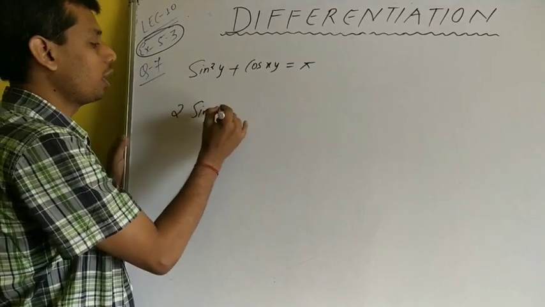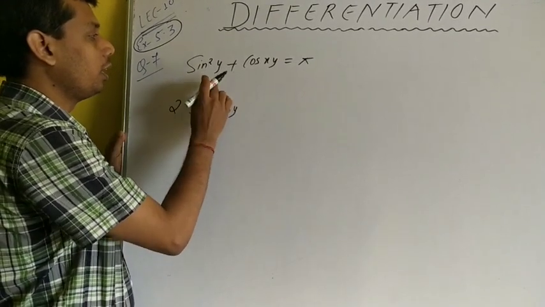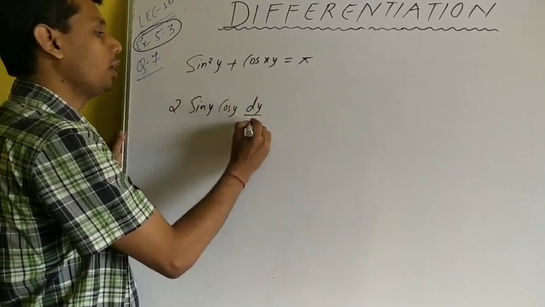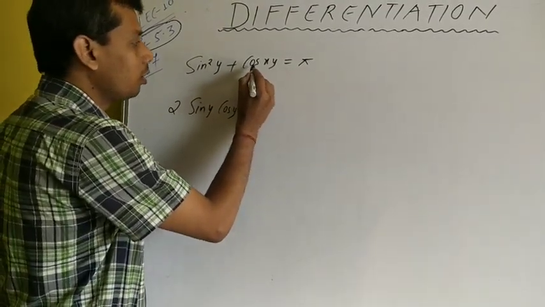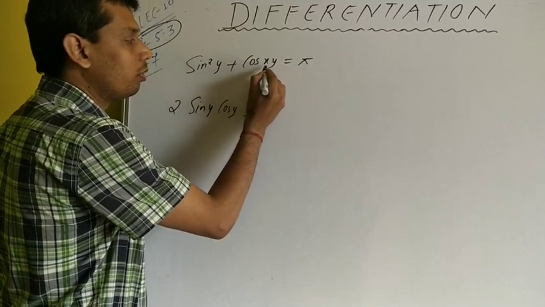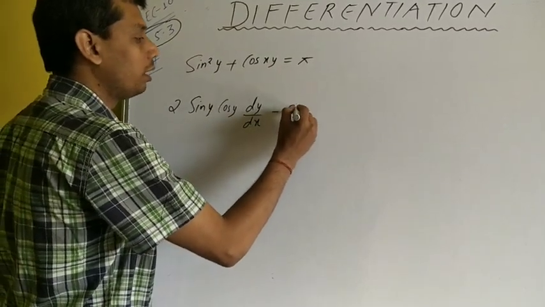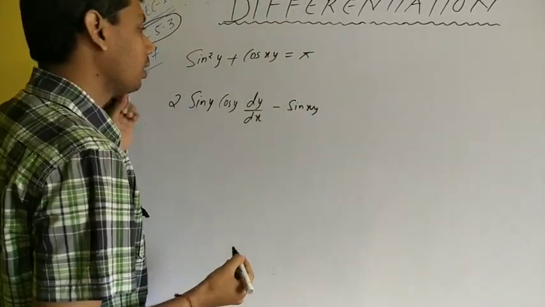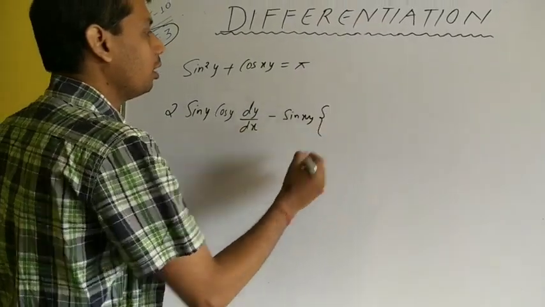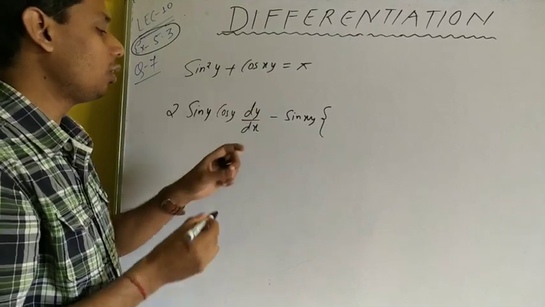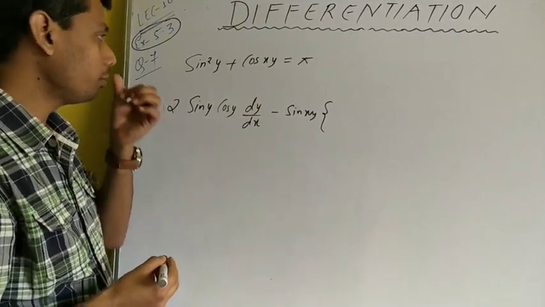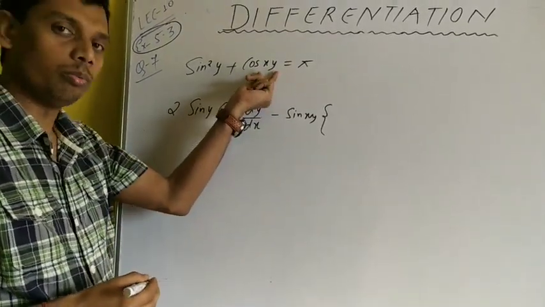Now differentiation of sin y will be equal to what? Cos y, and differentiation of y with respect to x, dy by dx. Now this is cos xy. Differentiation of cos theta is what? Minus sin theta, that is minus sin xy. Okay. Now differentiation of xy. x and y are two distinct functions in the form of u into v.